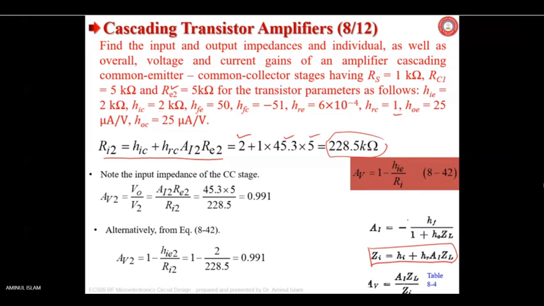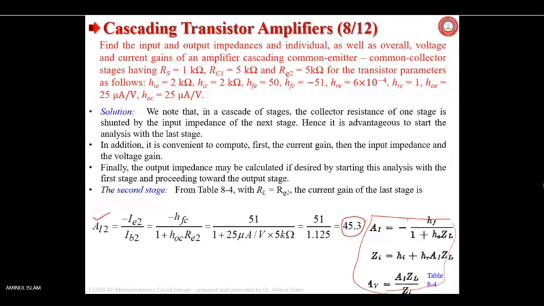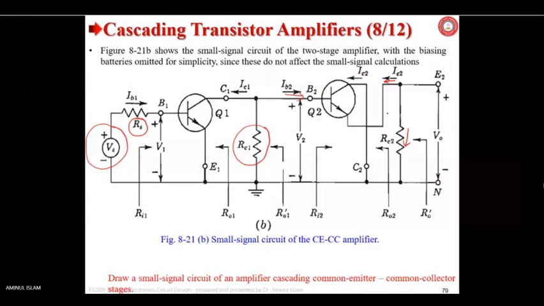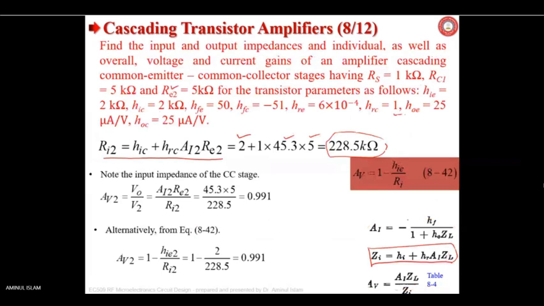It is across RE2, the load resistance of Q2. And the input voltage V2 is across base to ground. So that is how we can understand the voltage gain easily.